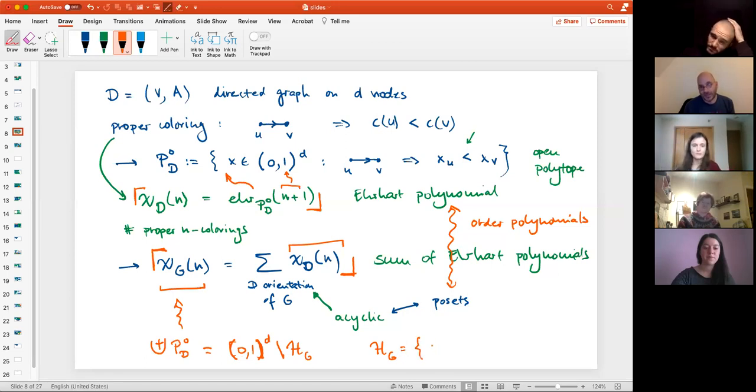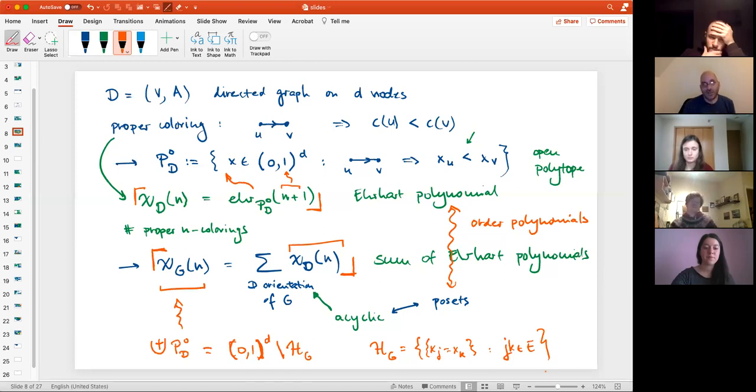And it's the sub-arrangement where I'm only considering the hyperplane x_j equals x_k for an edge in the graph. So if your graph is a complete graph, you get the real braid arrangement. And so in general, this is a sub-arrangement.